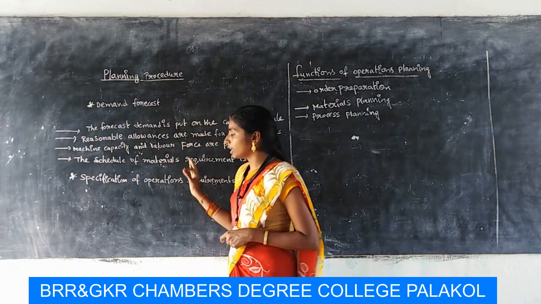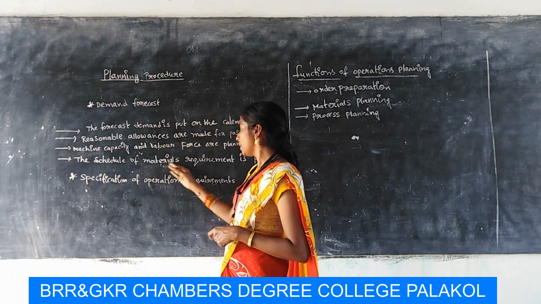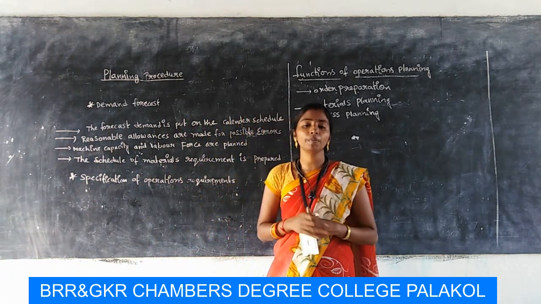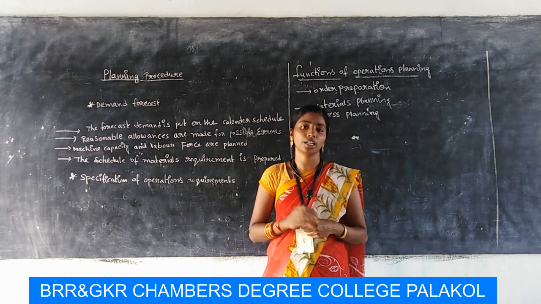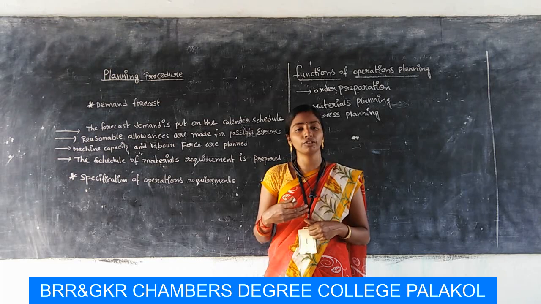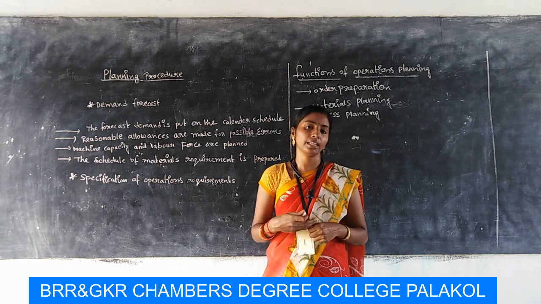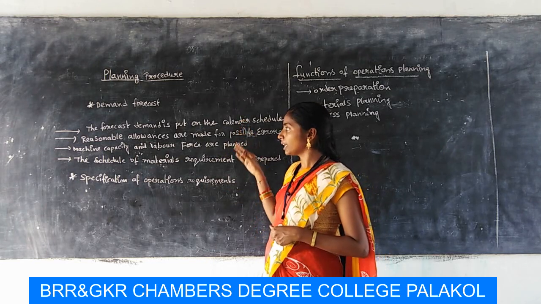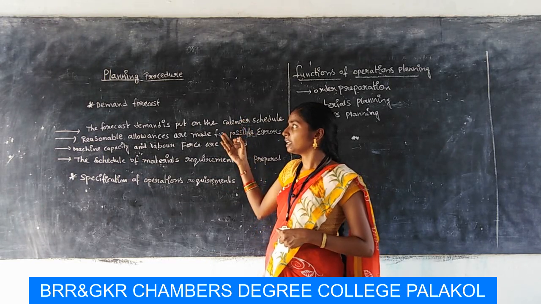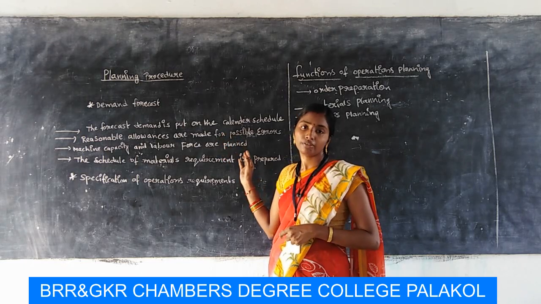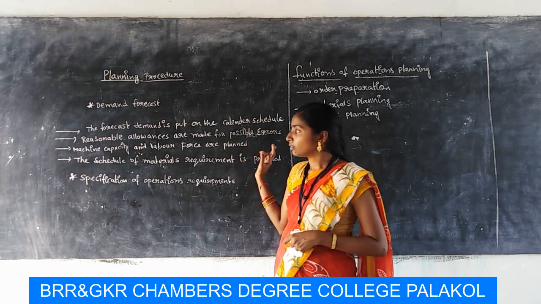And next one is the schedule of material requirement is prepared. You have to prepare a material requirement schedule: how much material you need for production to meet the excess demand in the market. So, all these points are kept in mind while you are analyzing the demand forecasting for the organization. What are they?